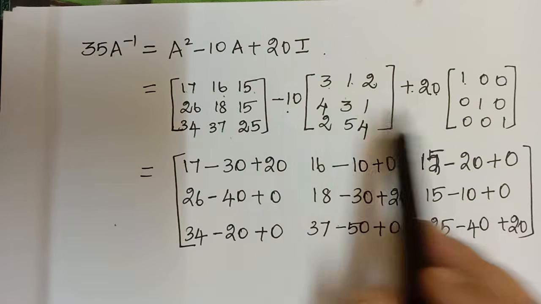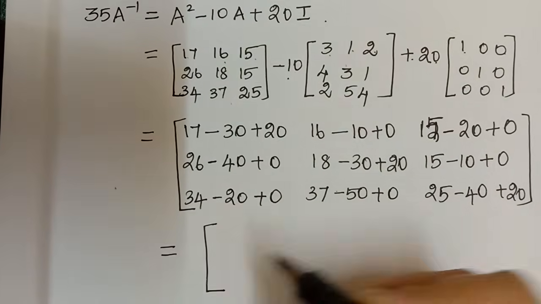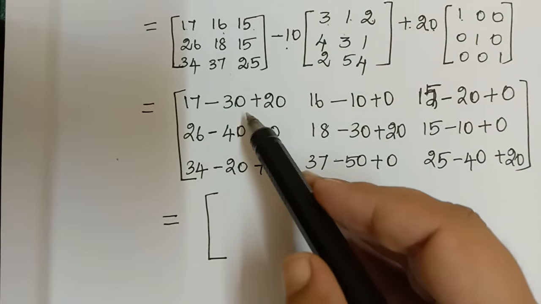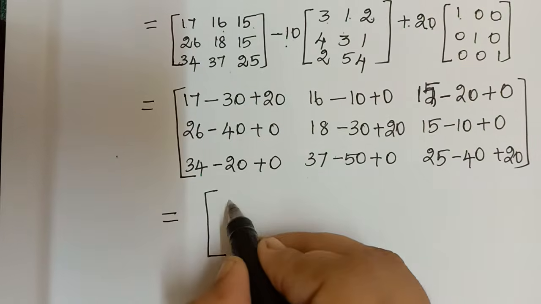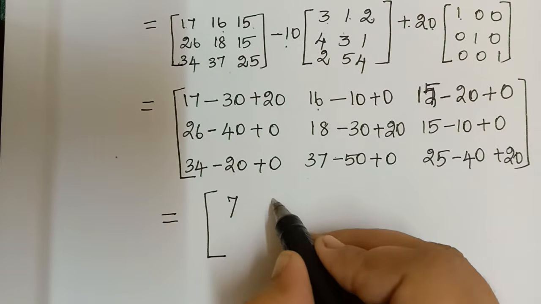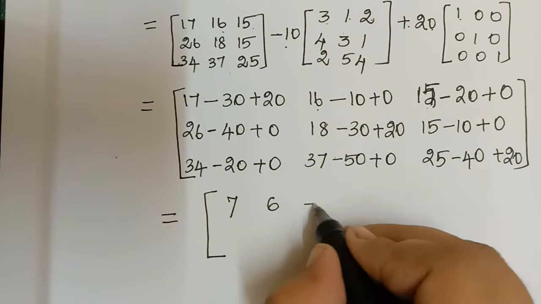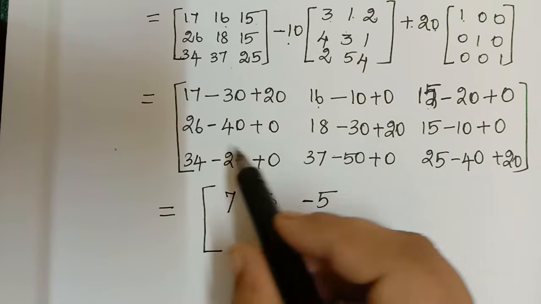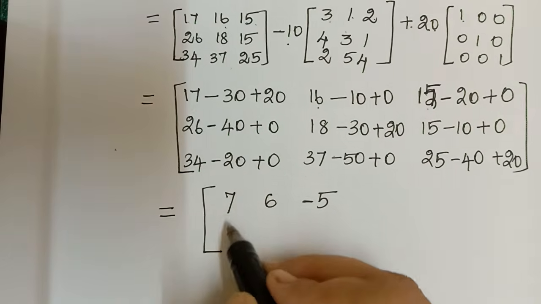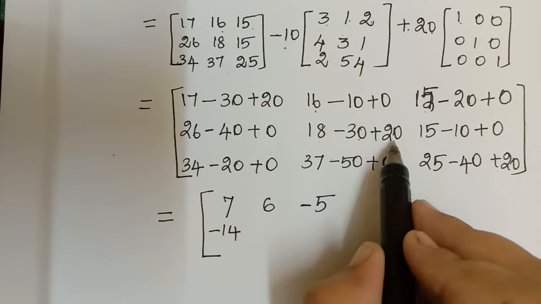So after doing this, we obtain this matrix, which on further simplification, 17 minus 30 plus 20 is 7. And then 16 minus 10. So we will be having 6 here. And then 15 minus 20. So minus 5. Then 26 minus 40, which will be minus 14. 18 minus 30 plus 20.